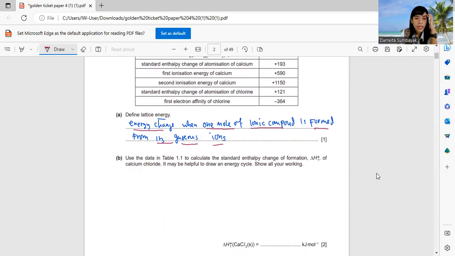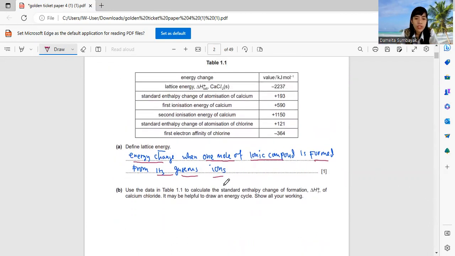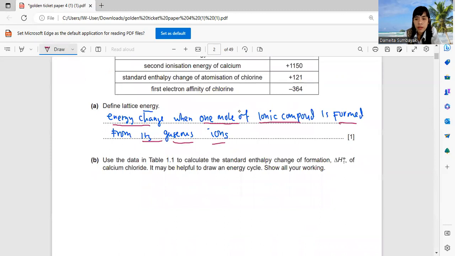All right, part B: use the data in table 1.1 to calculate the standard enthalpy change of formation of calcium chloride. So here, we need to determine the delta HF of calcium chloride. What is calcium chloride? CaCl2.